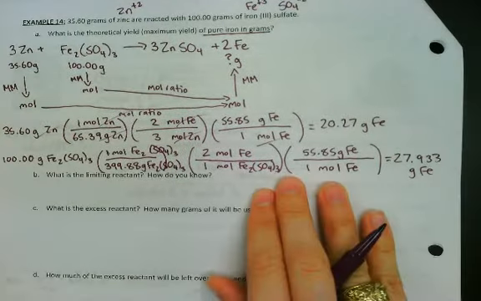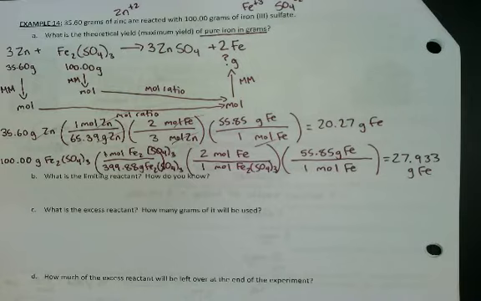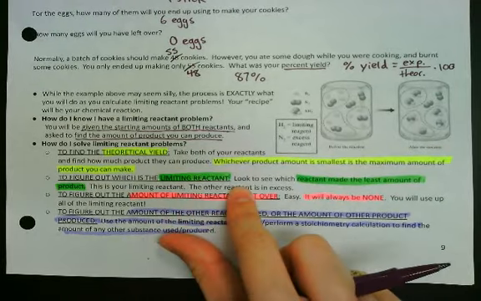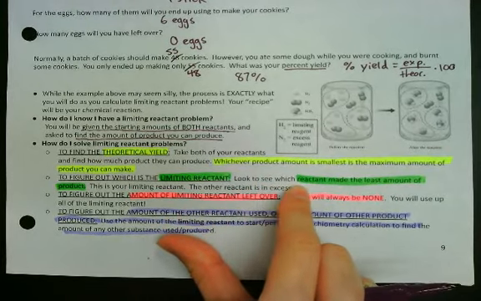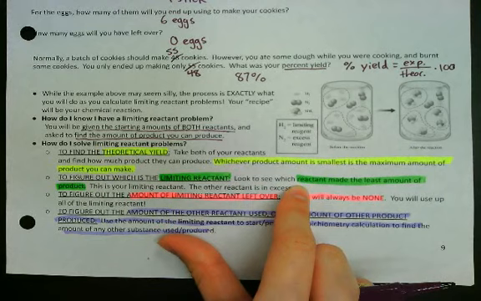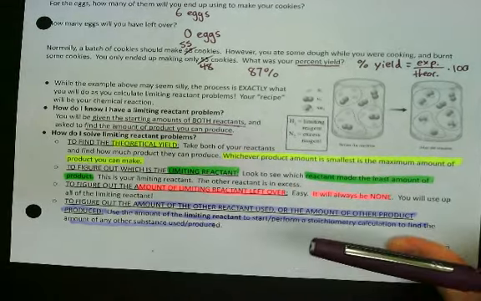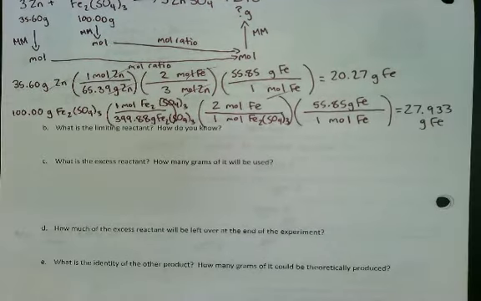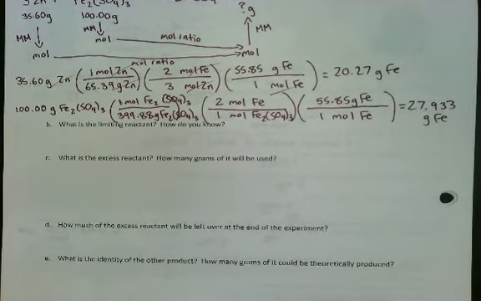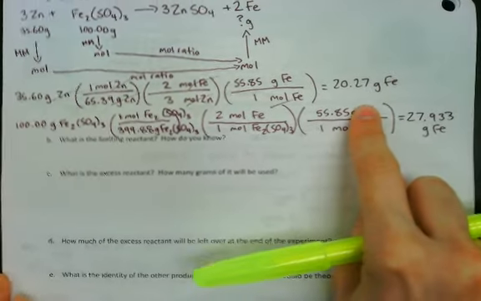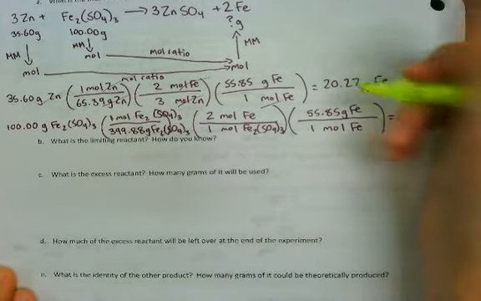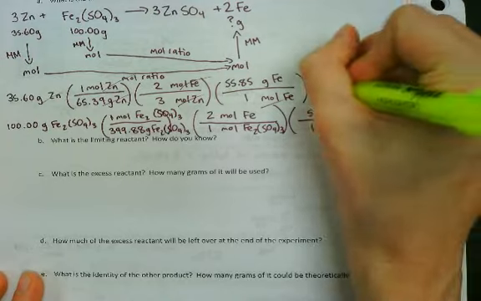So, again, if we look back to our previous page, figuring out our limiting reactant, to figure out which one is the limiting reactant, we're going to see which reactant made the least amount of product. This is our limiting reactant. This is what's going to run out first. Okay? So over here, I see that the least amount of product made came out of this dimensional analysis problem that I just solved.